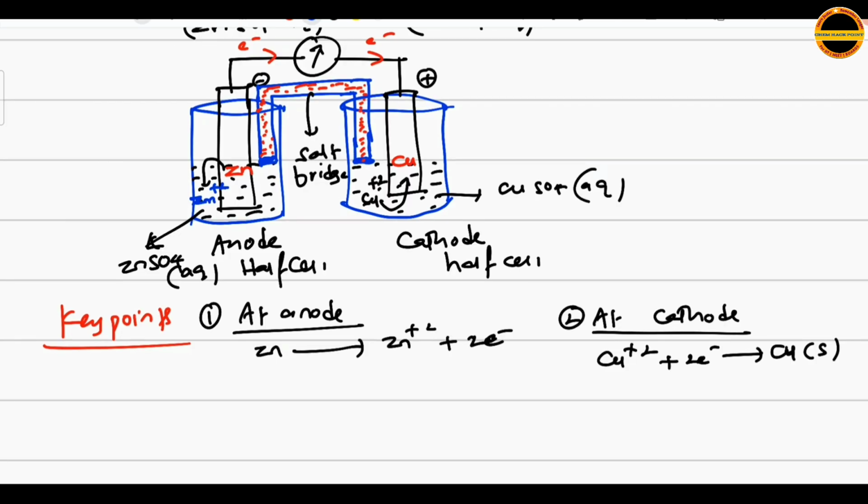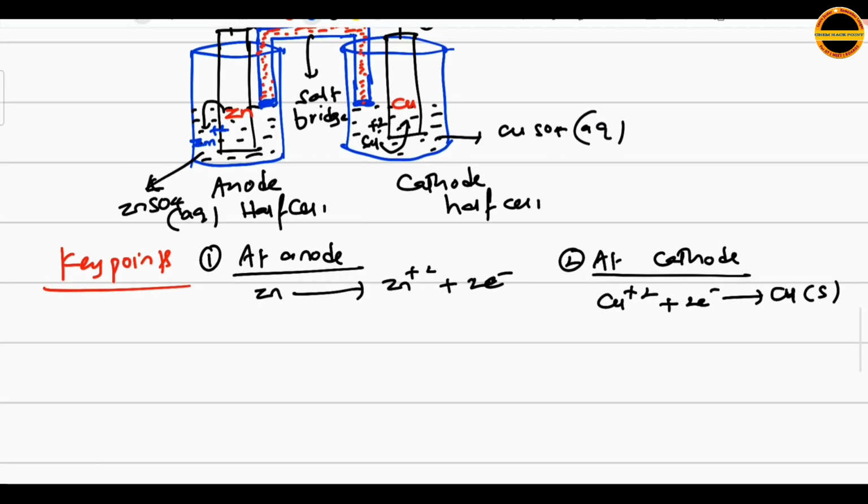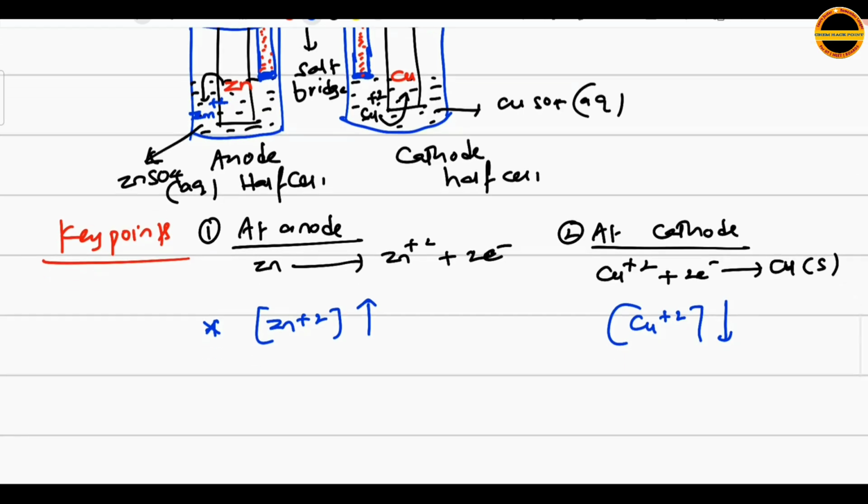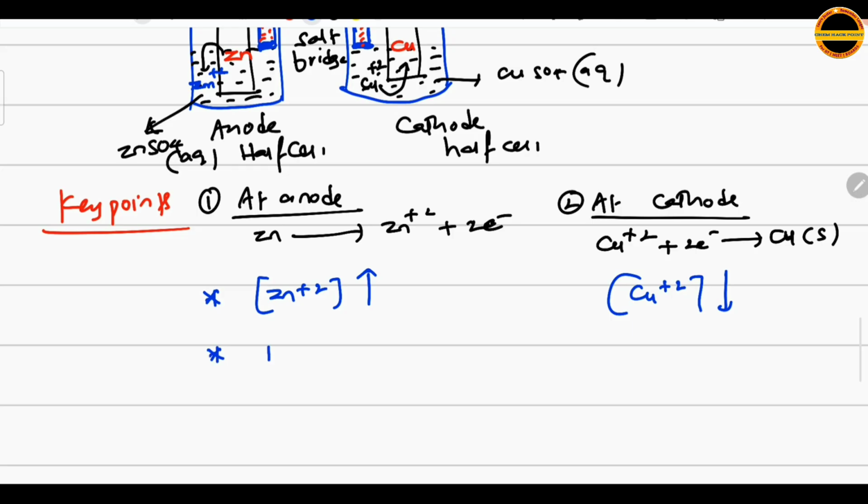So due to this, what happens here? The concentration of Zn2+ ions at anode increases. Here the concentration of Cu2+ ions decreases at cathode, because continuous Cu2+ undergoes reduction and deposits on copper from solution. So overall, total positive charge in zinc sulfate solution increases.